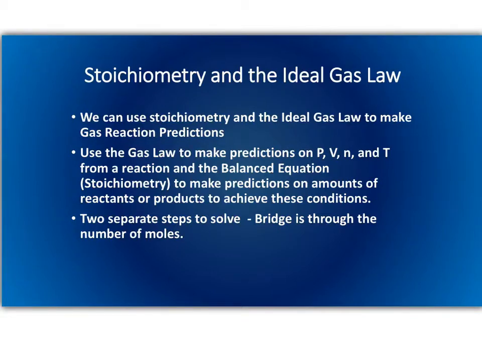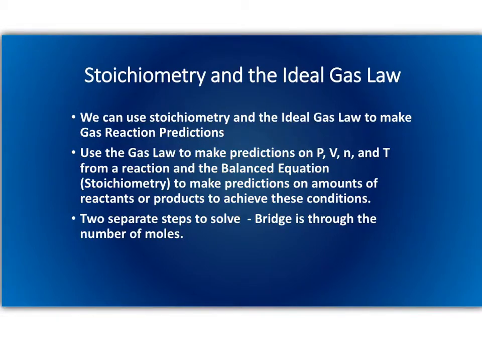So let's talk about those some more. We use stoichiometry and the ideal gas law to make gas predictions. We use the gas law to make predictions on P, V, n, and T from a reaction, and then the balanced equation to make predictions on the amount of reactants or products to achieve these conditions. So basically, we start with the gas law.